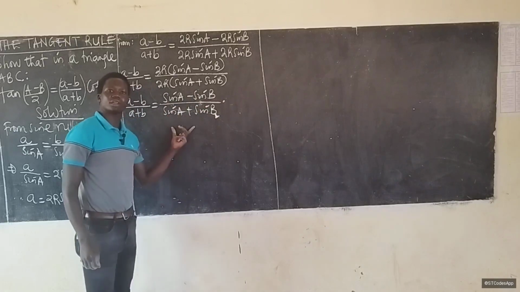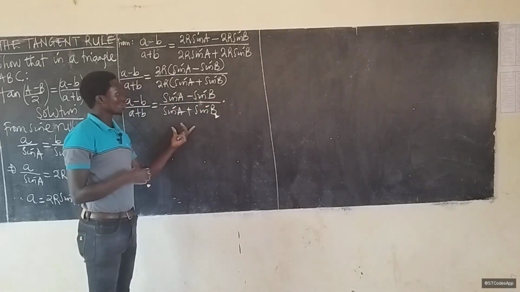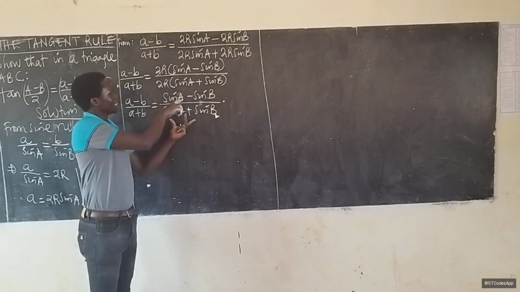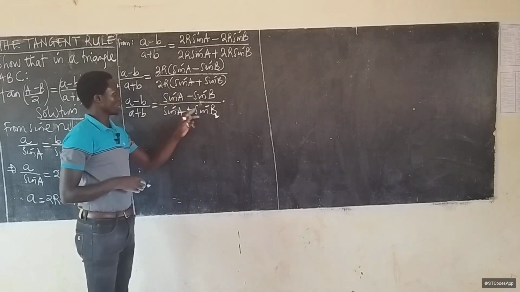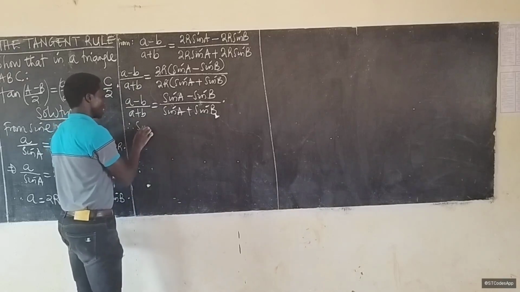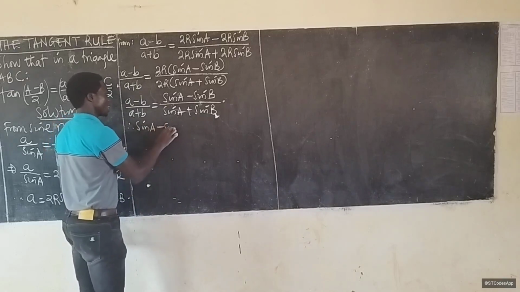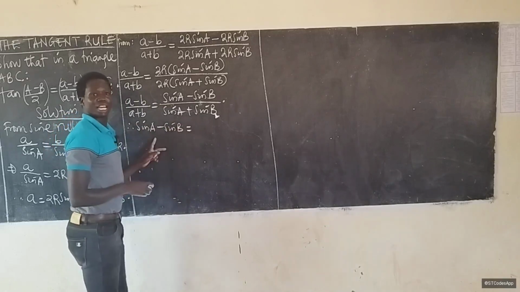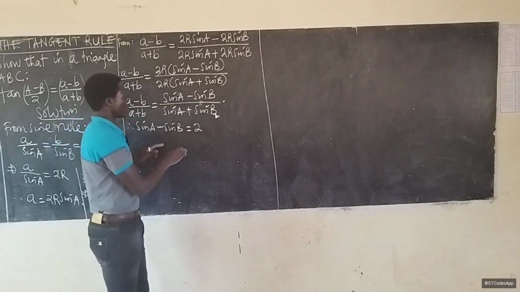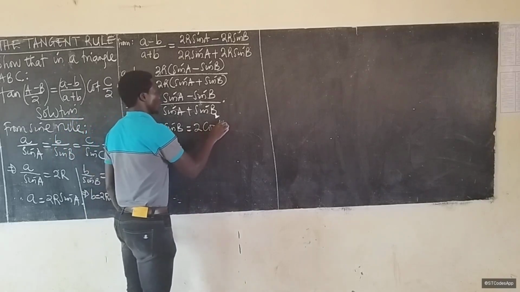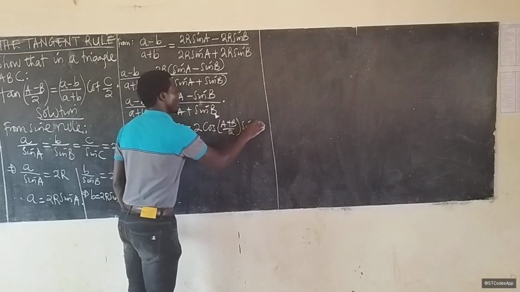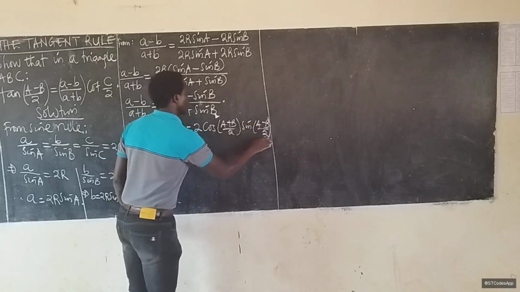When we reach this step, we should use what we call the factor formula. It is only the factor formula that will help us pass through this step. So you must know that sine A minus sine B from factor formula is the same as 2 cos of (A plus B) out of 2, then sine of (A minus B) out of 2.